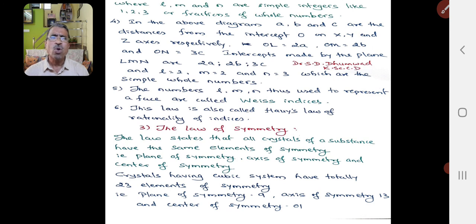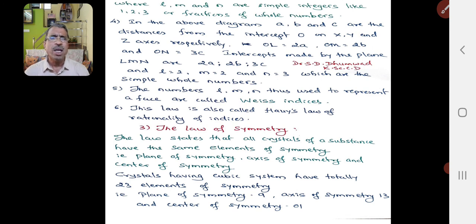The law of constancy of symmetry states that all crystals of a substance have the same elements of symmetry, that is the plane of symmetry, axis of symmetry and center of symmetry.